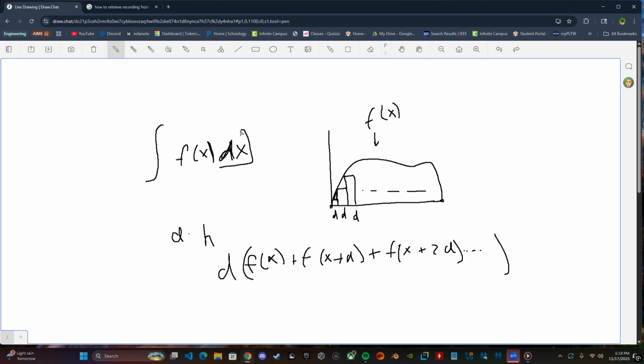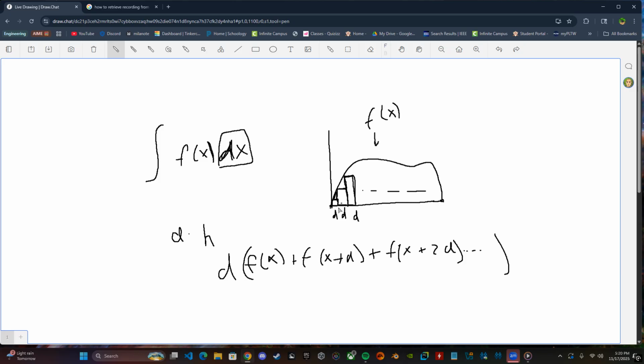So what does this dx actually do? For that, I'm going to start off by reminding you guys what an integral actually is. An integral is basically when you sum up the rectangles underneath the curve, and what I mean by summing them up is you split up the curve into d-sized portions.